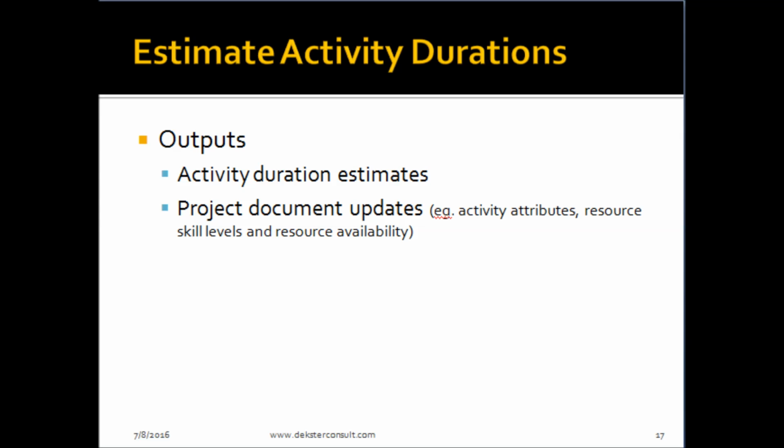Then we could update necessary project documents. For example, we could update our activity attributes, that is, if we have more information about a given activity. Then we could update our resource skill levels and resource availabilities in the resource calendars that have been developed for our project.